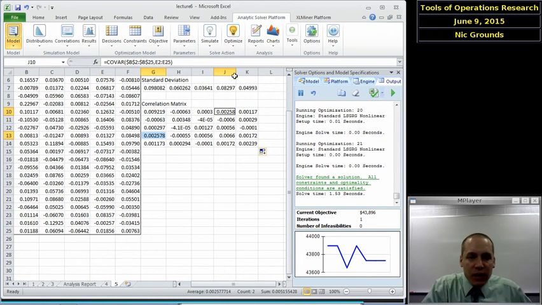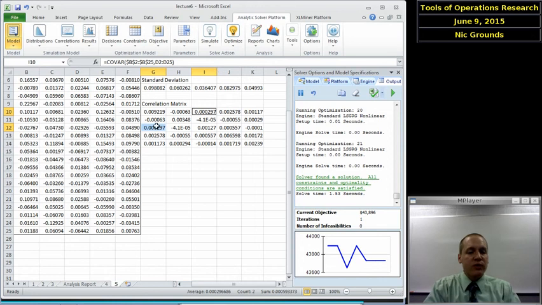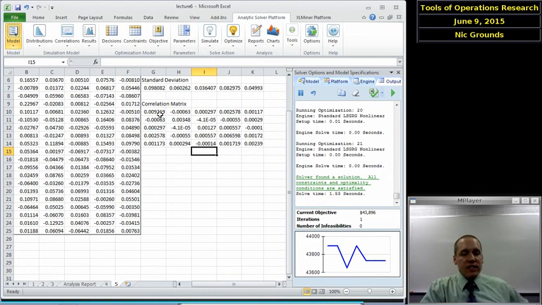Oh, but I moved that column too much. There we go. So those two values are the same. These two values are the same. These two are the same. These two are the same if you increase, there we go, and let it show all the numbers. So really I did more work than I needed to, but it was easy to create the formulas for this. Now, that gets us the covariances, or the correlations.